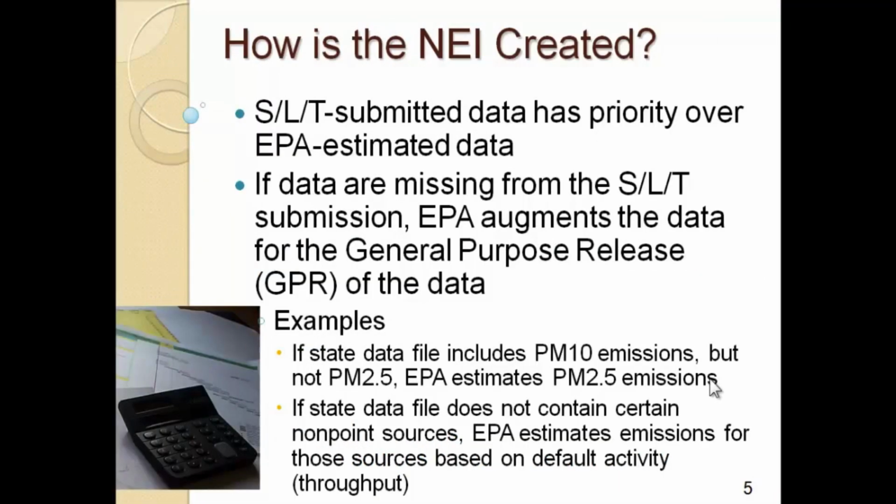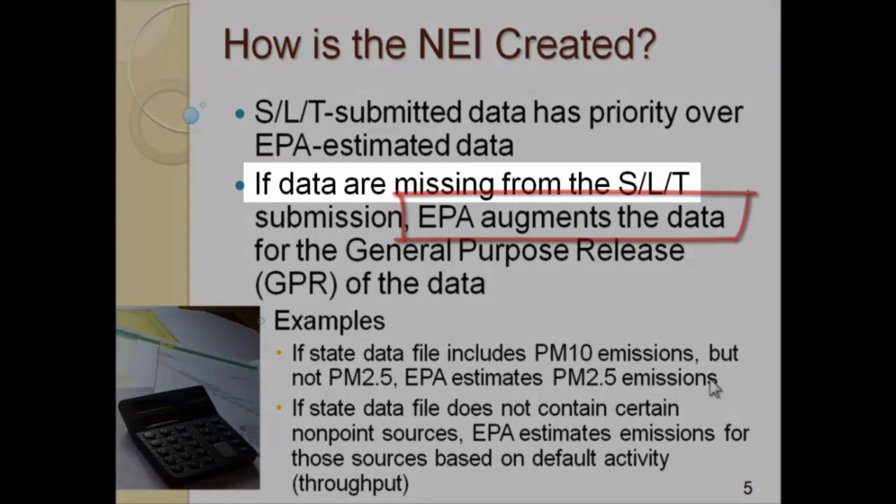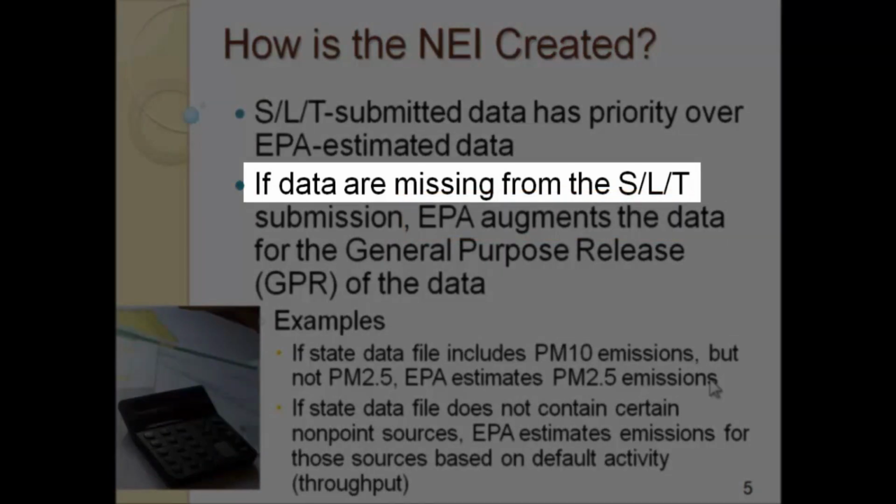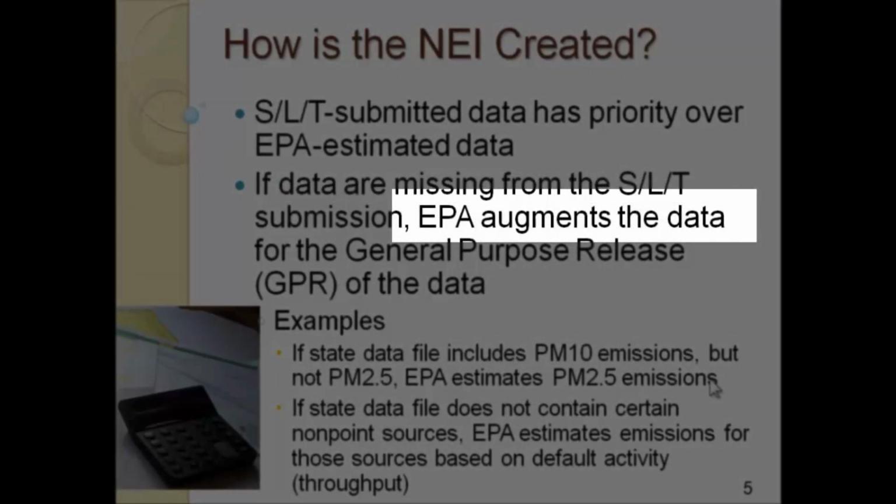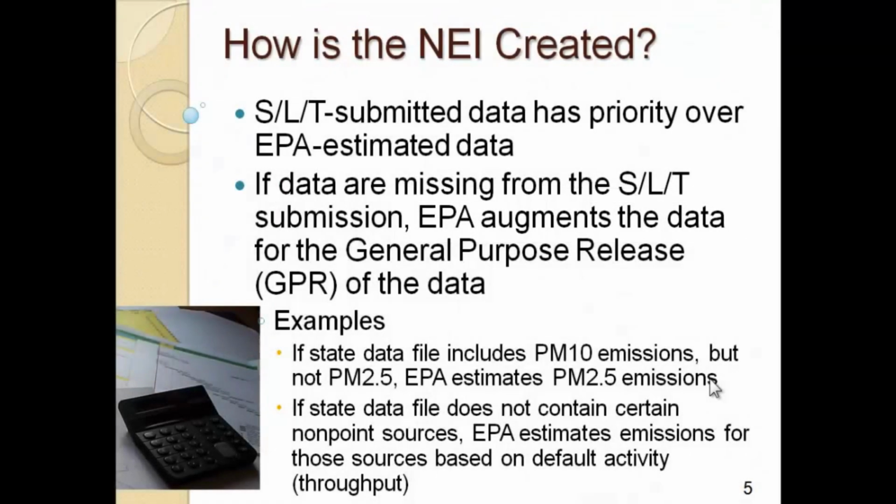And the state, local, tribal data submitted has priority in the EPA selection of what to include in the NEI. In most cases, EPA estimates are only used in the NEI if data are missing from the state, local, tribal data file. So in these cases, EPA augments the data for the NEI general purpose release data, the GPR data.